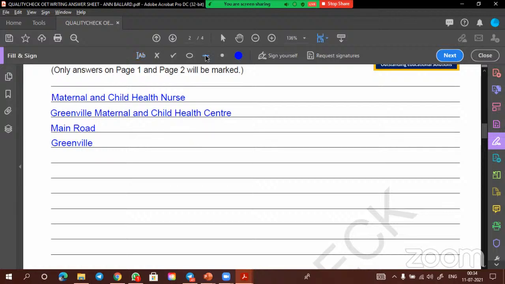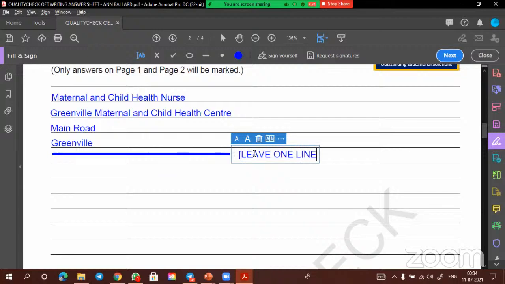Now what you are supposed to do is leave one line here. Don't write anything here. Brackets means leave one line here.